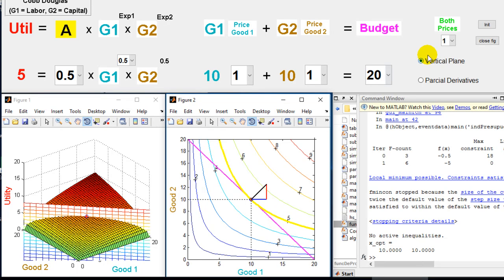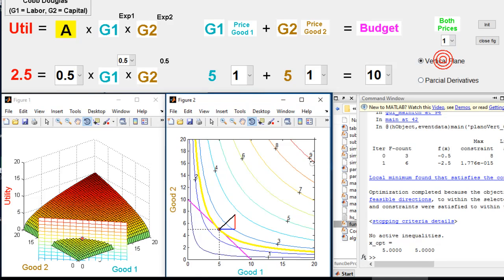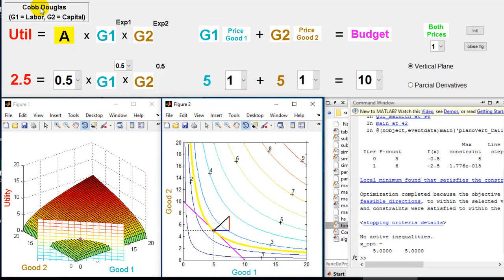Now, let's go to the beginning. If you change the value of A, that in Cobb-Douglas is the total factor productivity, then see what happened. Here the optimum was 5 and 5, and the maximum utility was 2.5, and you can see that this 2.5 is represented by this yellow optimum indifference curve, between the label 2 here and 3, so that's why it's 2.5.